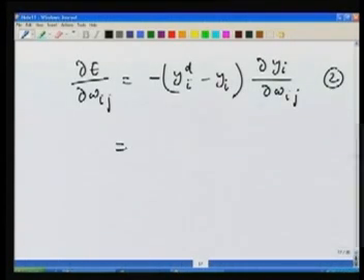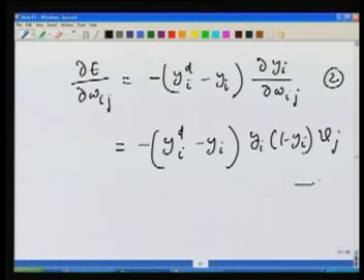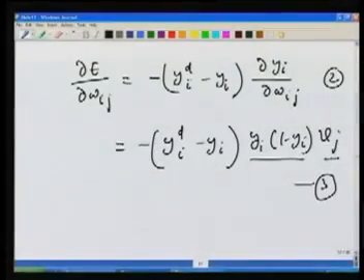So, that reduces to minus y d I minus y I into y I into 1 minus y I into V j. So, this is the final expression. This term comes from del y I upon del s I, and this term comes from del s I upon del w I j.